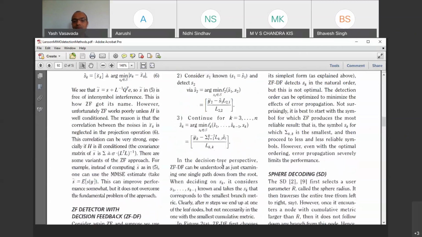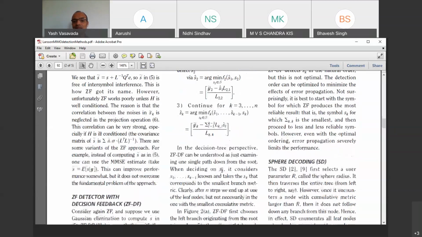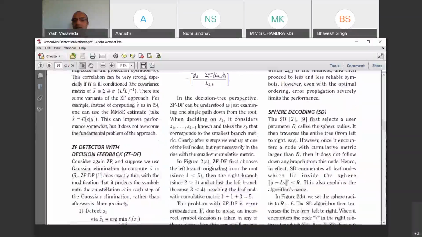And so this is the decision feedback algorithm, which the author says that we can understand from this decision tree perspective. We can say that when we are deciding S of k, it is as if we assume that the prior values of S are already known. And then we take that value of S of k which corresponds to the smallest branch metric.